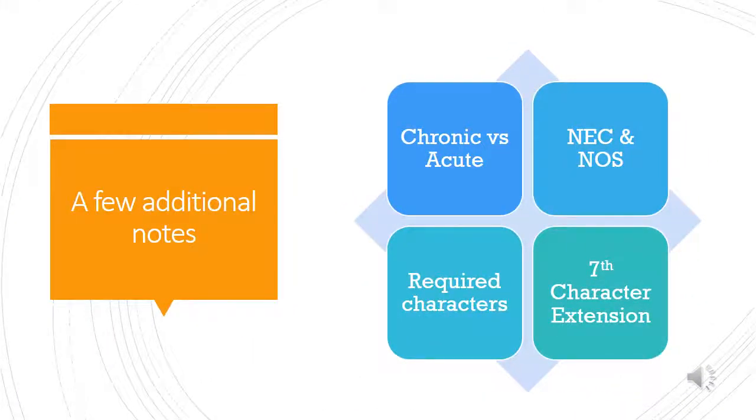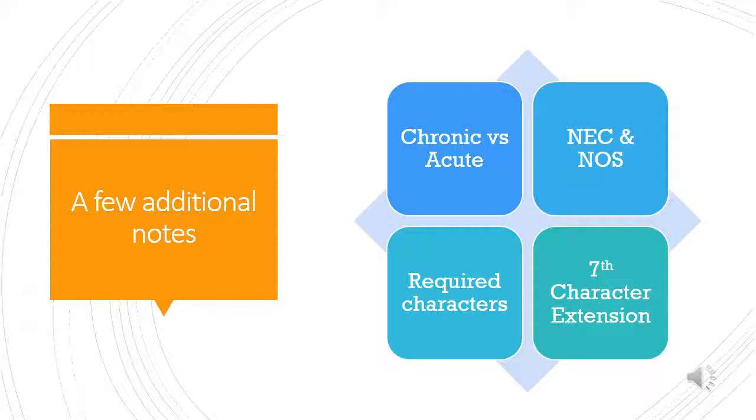There are just a few additional hints I'd like to cover before I sign off and let you dig into assigning ICD-10 medical codes. Some conditions and illnesses are chronic, meaning they continue over a long period of time, and some conditions are acute, typically a sudden or severe problem. Correct codes must be assigned accordingly. In the coding book, you will encounter the abbreviations NEC and NOS.